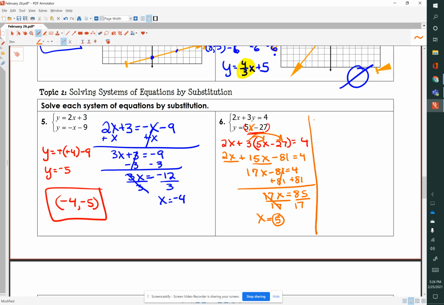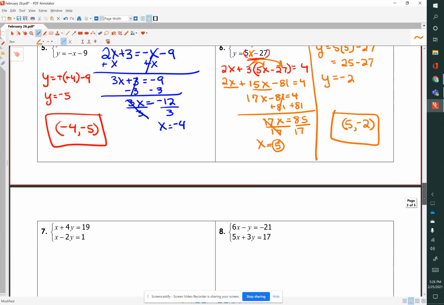So y equals 5 times 5 minus 27. So 5 times 5 is 25 minus 27. And so y equals -2. And then our final solution is 5, -2.